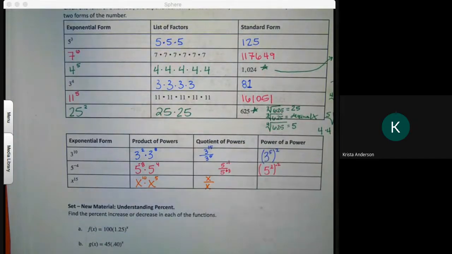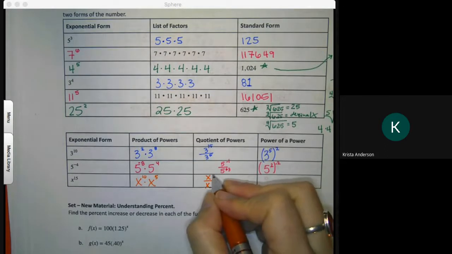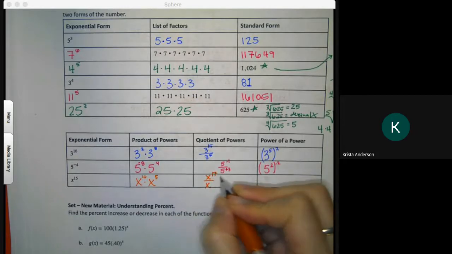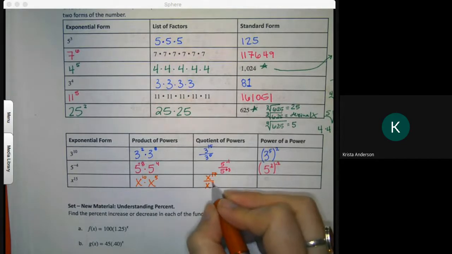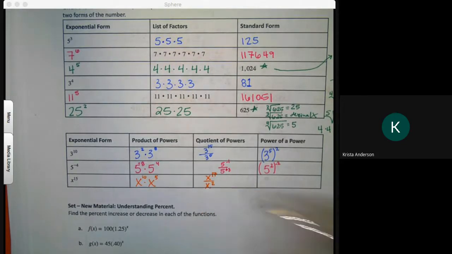I need a +15. 20 and 5? 25? What did you do? I did 17. I'm going to switch it and try to use 17. Okay, and then what did you put on the bottom? Just 2, because 17 minus 2 is 15. Yep.